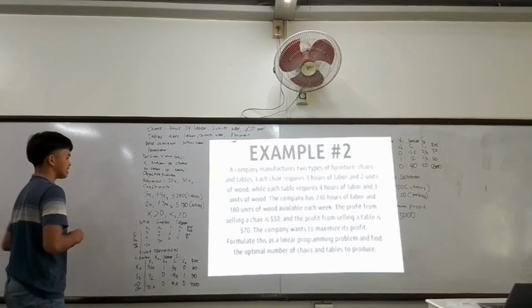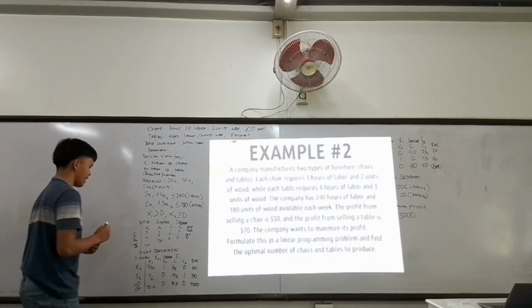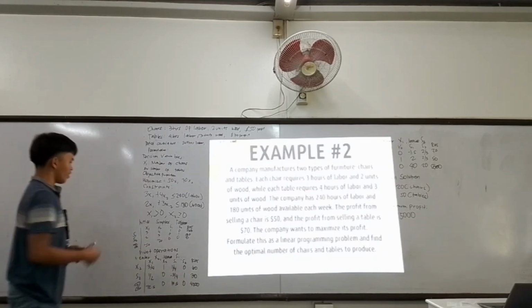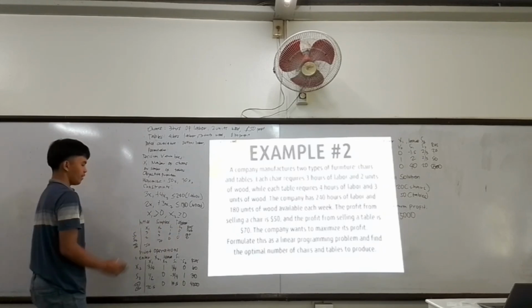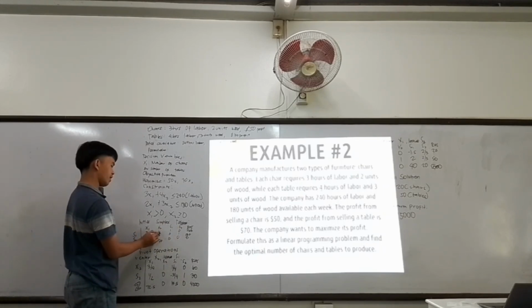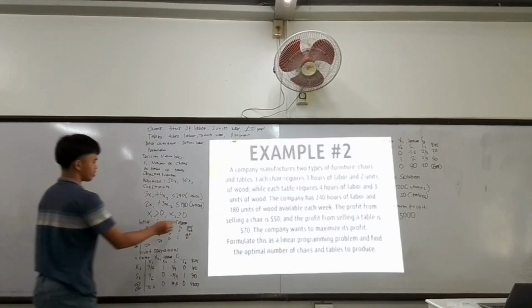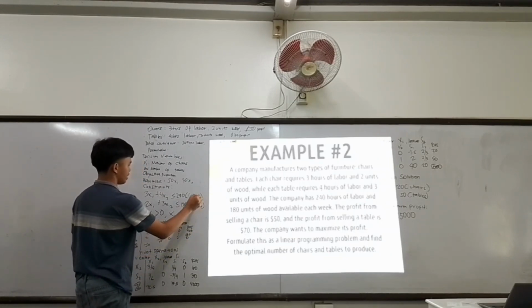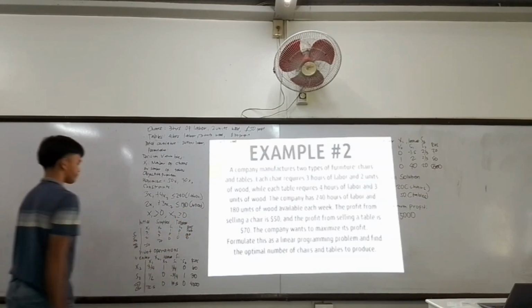So for the initial simplex table, we have S sub 1, S sub 2, and Z. For these columns, X sub 1, x sub 2, S sub 1, S sub 2, we have 3, 4, 1, 0, and 240. The 240 here is for the labor, and the 180 here is for wood.